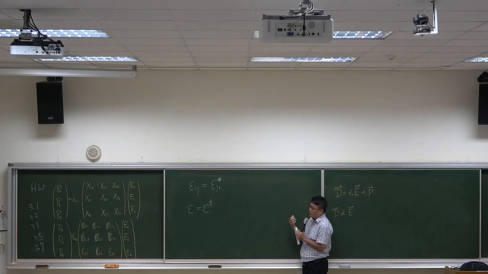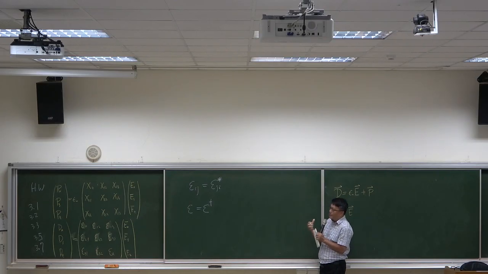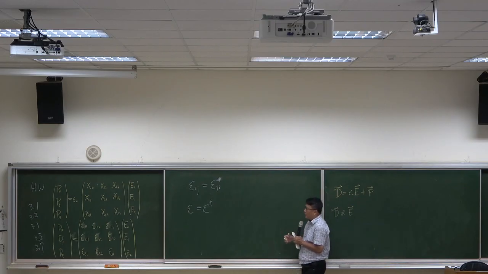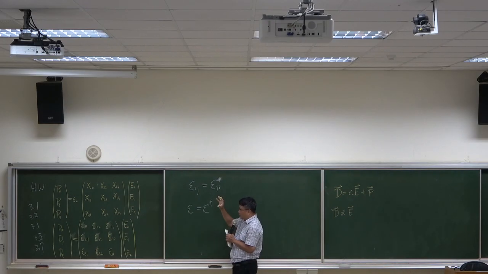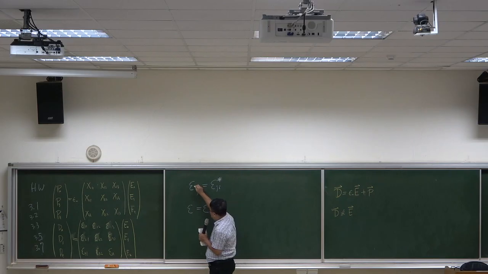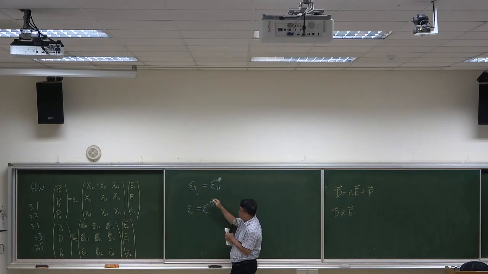We have already introduced the concept of Hermitian conjugate. Okay, Hermitian conjugate means take the transpose and do the complex conjugate. Transpose means exchange the two indexes of the elements, and the complex conjugate is notation star.